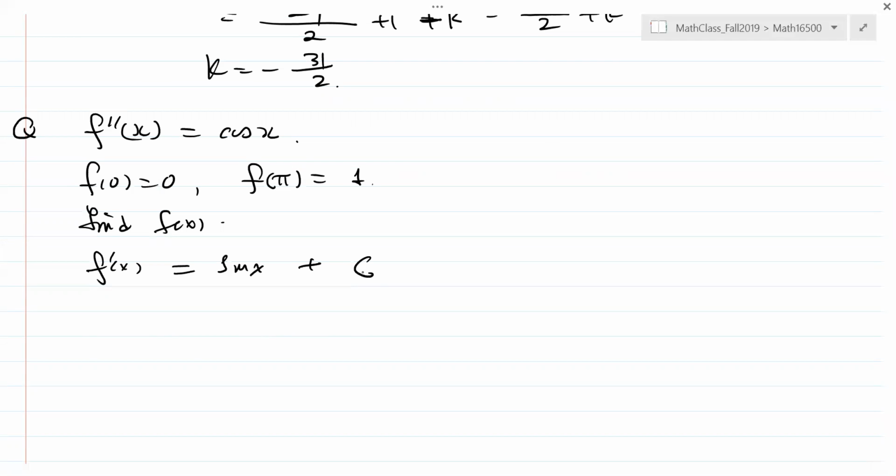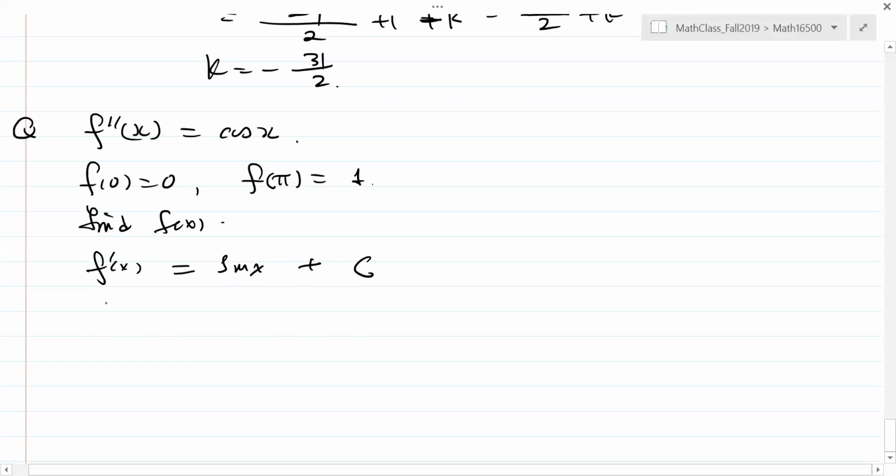Then you're trying to find the antiderivative of sine x plus c. I cannot determine the constant c using the given values. So sometimes you can, sometimes you cannot, so we can keep going.